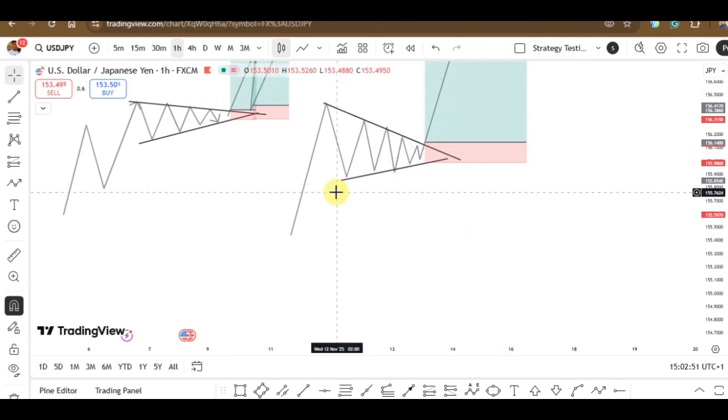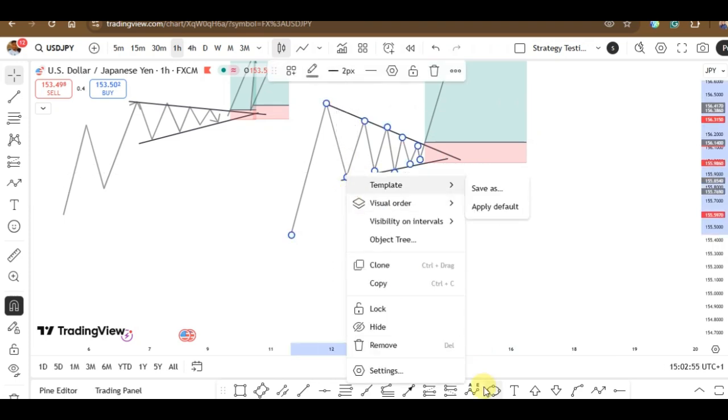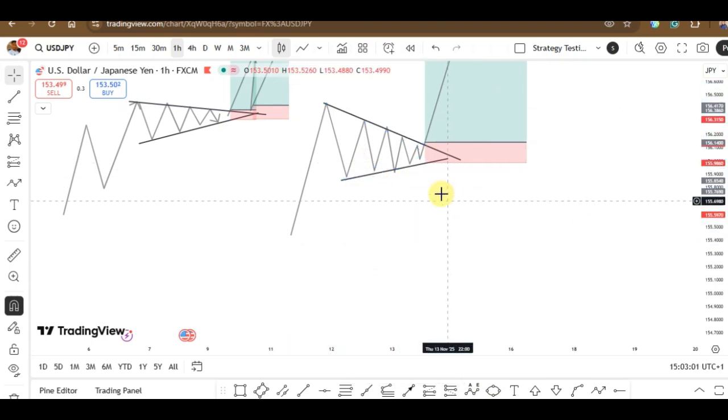I've just explained the bullish peanut for you. Same thing as the bearish peanut. You're also going to see a similar thing on the bearish peanut. I wish I could reverse this, so I'll just reverse it and use it to show you the example. Same thing just as I've explained here, you are going to see on the bearish one.